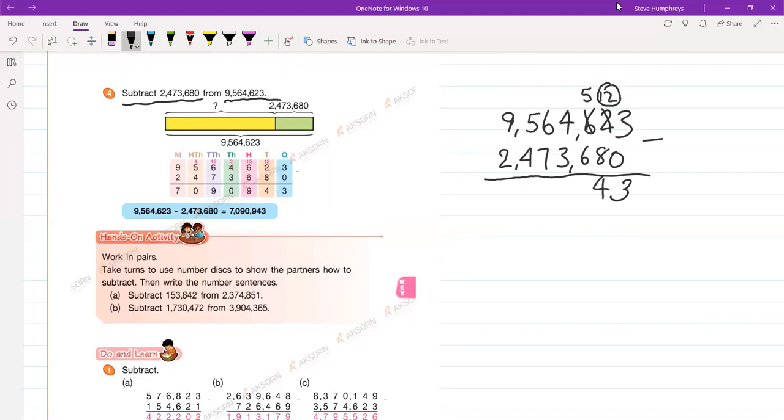Okay. 5 minus 6, you cannot do. You need to borrow. Make that 15. 15 minus 6 is 9. 3 minus 3, you can do that one, 0.